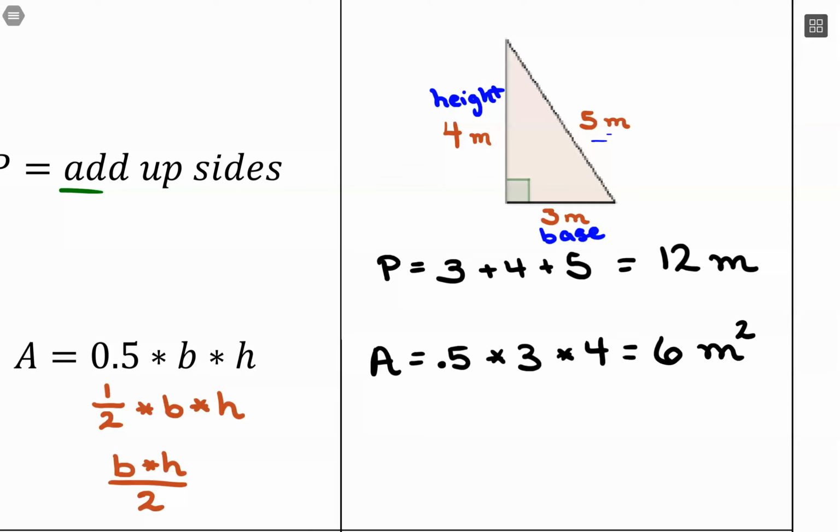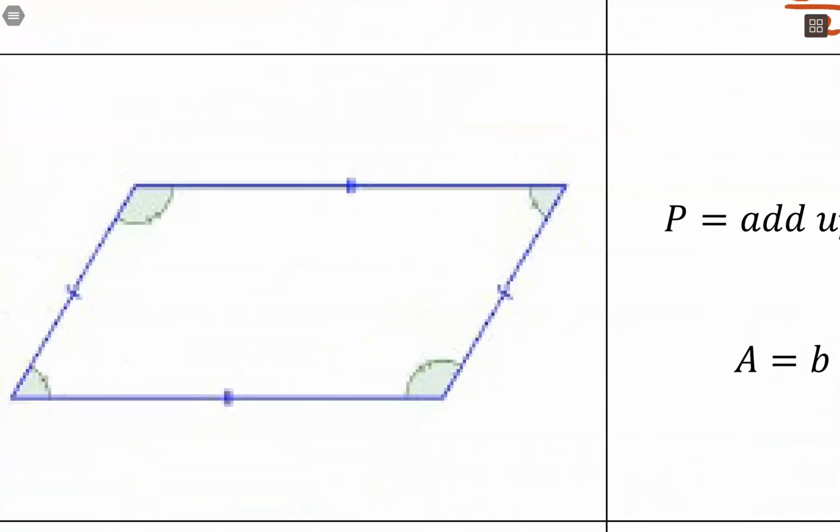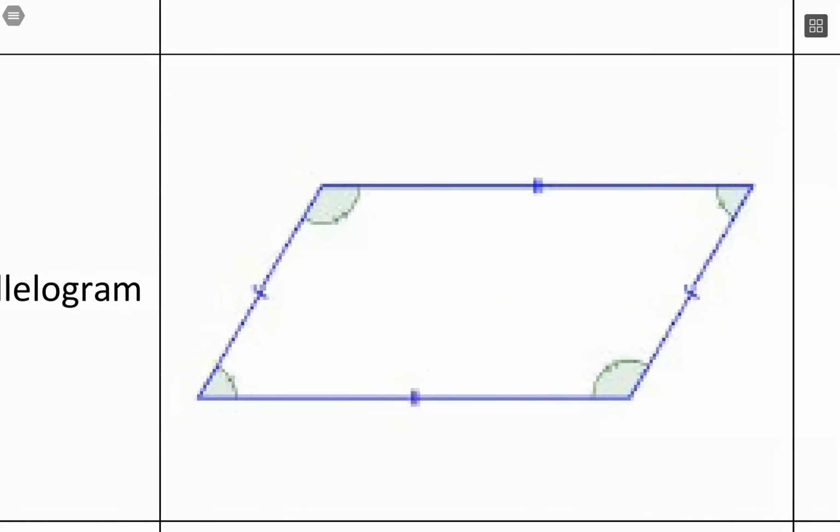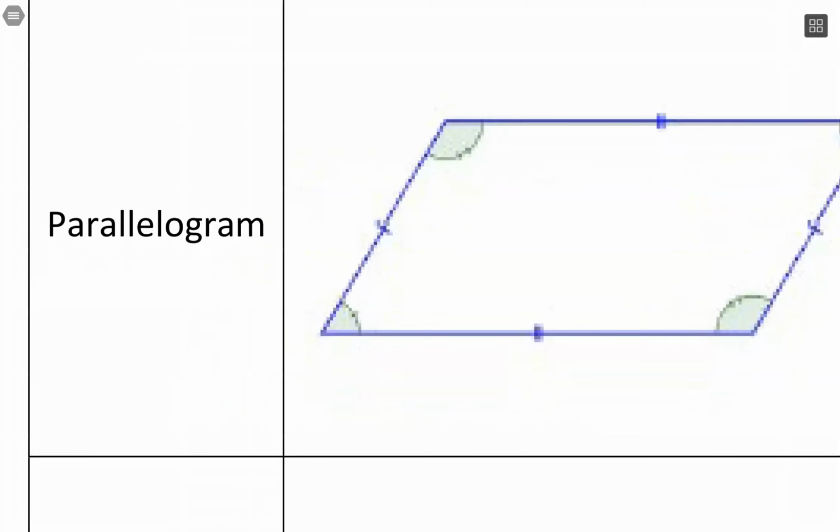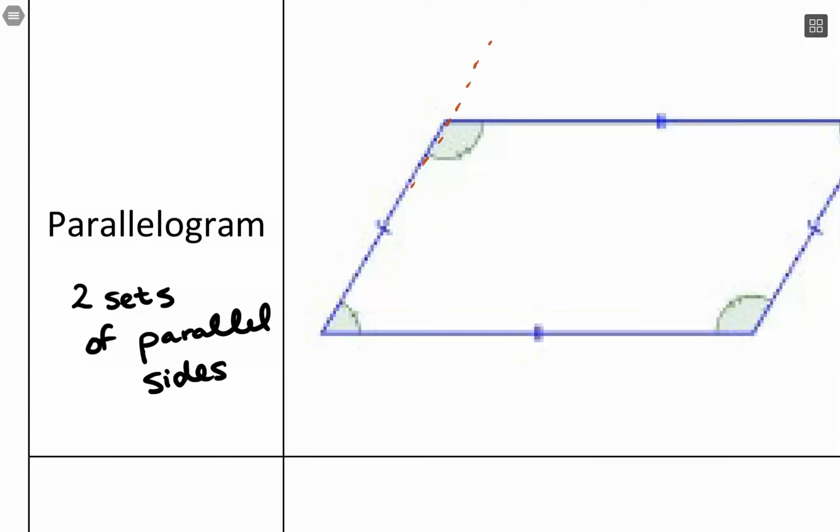So that's our triangle. And then this is a parallelogram. So what makes it a parallelogram is it has 2 sets of parallel sides. So what you could see is there's this side over here, and you can imagine that line carrying on.